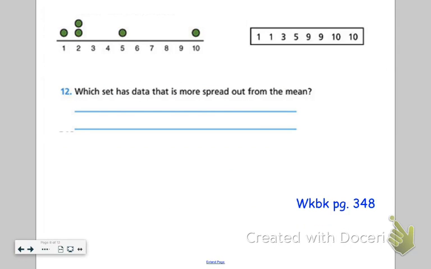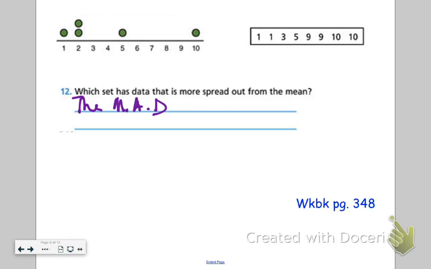Which set has data that is more spread out from the mean? Well, if you remember at the top, we had a mean absolute deviation of 2.8. And then at the bottom, we had a mean absolute deviation of 3.5. So I'm going to say the bottom one, the mean absolute deviation is greater for the second set. I'll write that down. And you can abbreviate MAD.